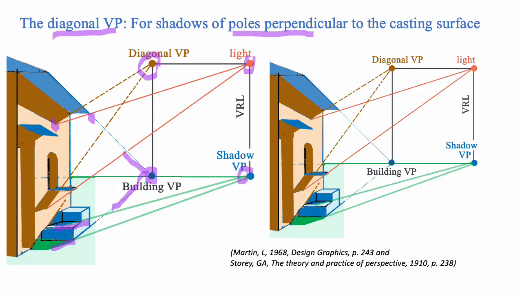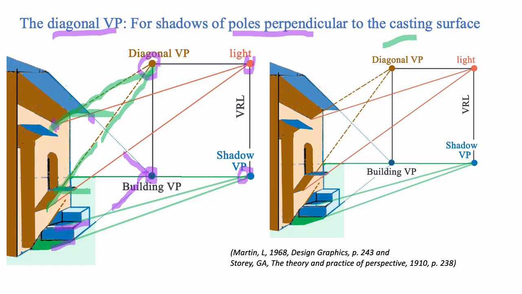So let me use a different color here. So here is a horizontal pole on the roof, and it's perpendicular to the wall, so it creates this diagonal shadow that goes to the diagonal vanishing point. Similarly, this shelf here is perpendicular to the wall, so it casts this diagonal shadow that goes to the diagonal vanishing point.